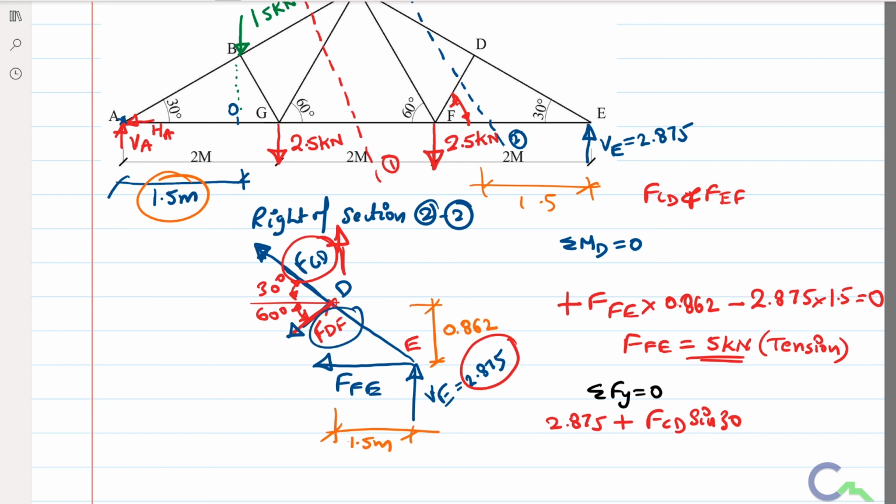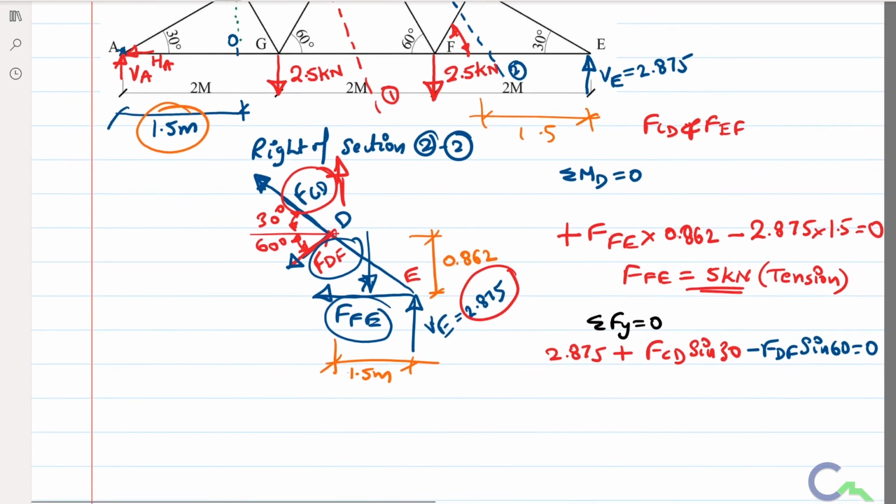FDF in the vertical direction acts downward, therefore minus FDF sine 60. FE is acting exactly horizontal, so it is 0.